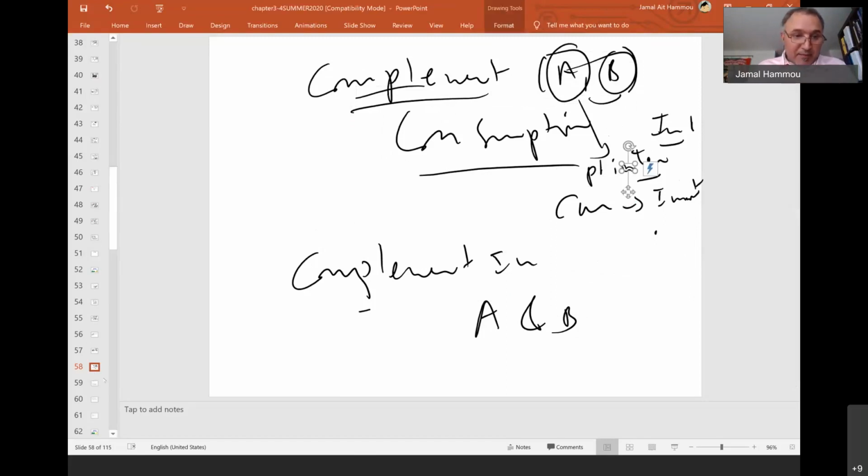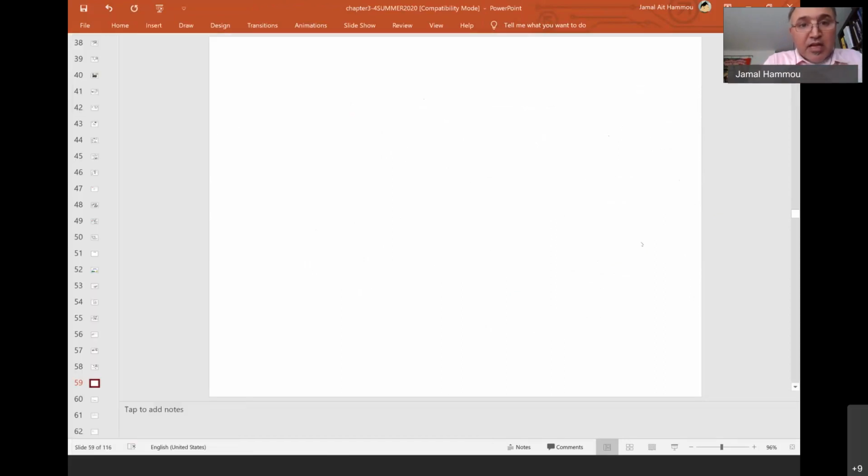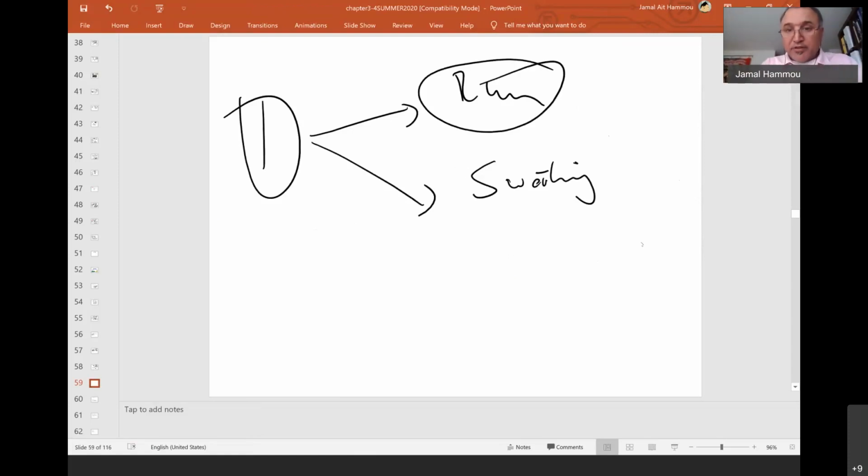So let's look at the example. I'm giving you an example from real life so you can see how that works. Like running: you are person number one that produces running and sweating. You have control over running, but you don't have control over sweating.